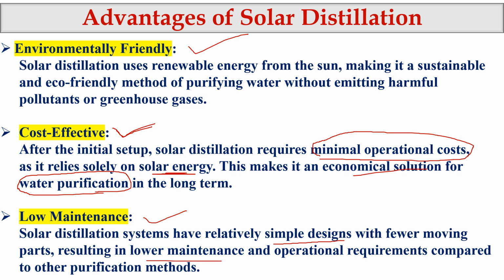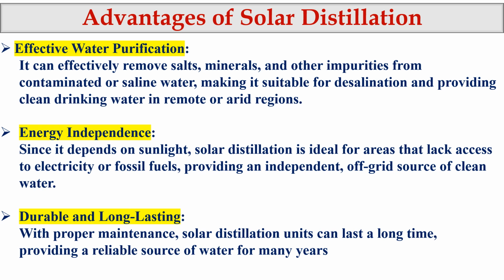Whenever we don't have any moving part, the maintenance is very cheap. Maintenance is almost zero. The operational requirement is very simple compared to other purification methods. There's no need for any complicated operation. Okay, what are the other advantages?